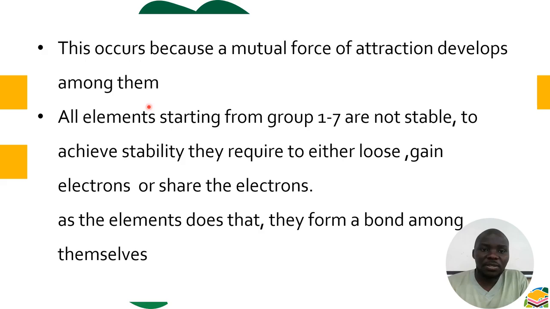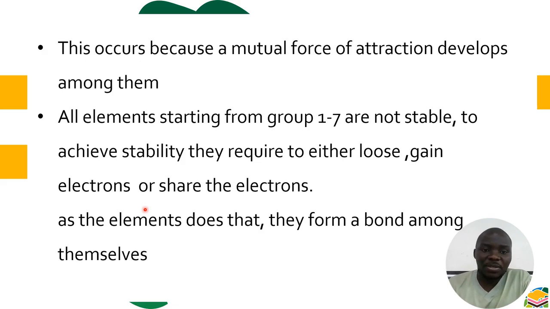So starting from group number 1 up to group number 7, all the elements in the periodic table are not stable. For them to acquire stability, to reach an electron configuration of group 8, they are supposed to gain or lose electrons. The question might be, which ones are going to lose and which ones are going to gain? From the periodic table, we know that some of the elements are metals and others are non-metals.